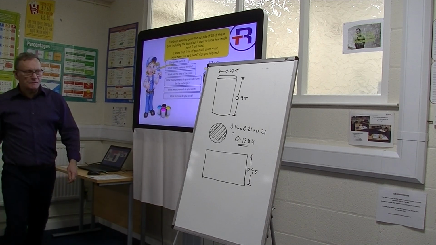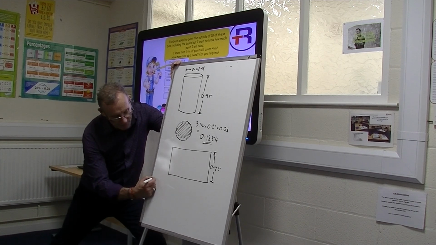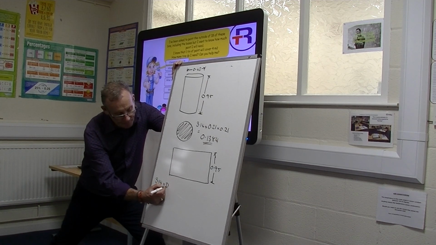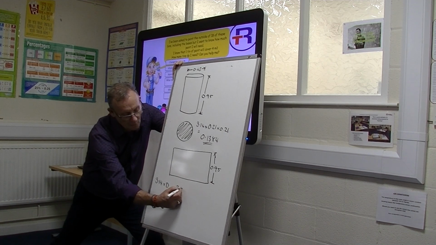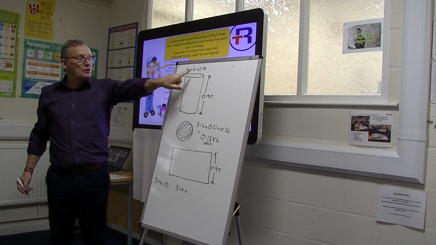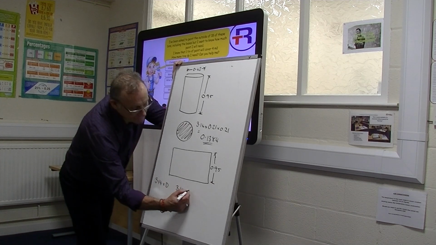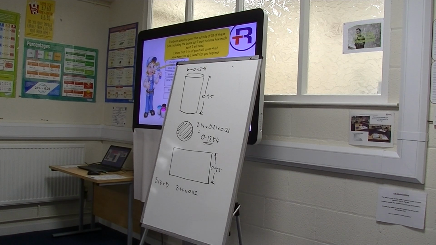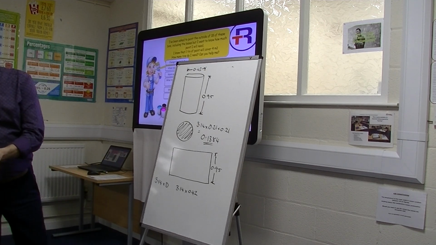What formula do we need to use to find it? Circumference of a circle, which is pi times diameter. 3.14 times the diameter. 3.14 multiplied by, now we can use the 0.42 as it is, because that's the diameter. 3.14 times 0.42. 1.3188 I've got.